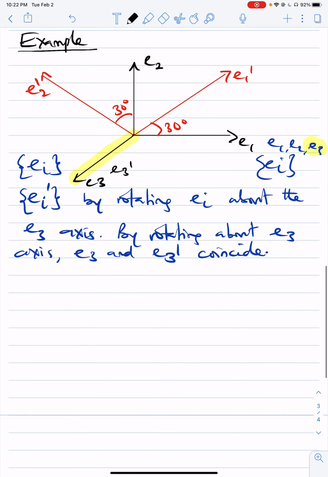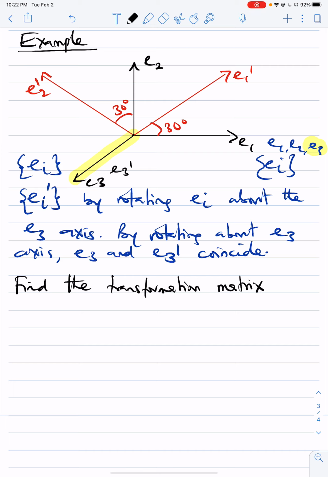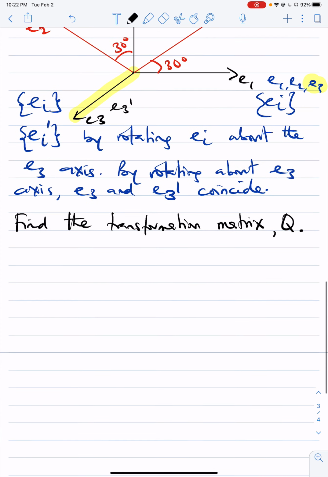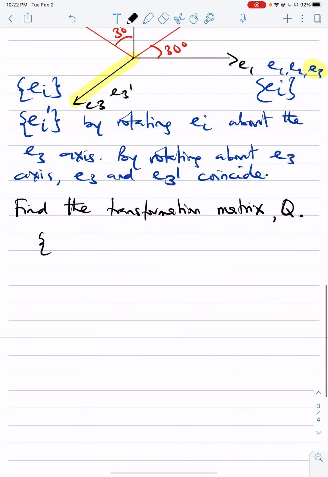So what we are supposed to do now is to find the transformation matrix Q. In clear terms, we have the coordinate system Ei, but it's being rotated by a Q to give us another coordinate system Ei prime.